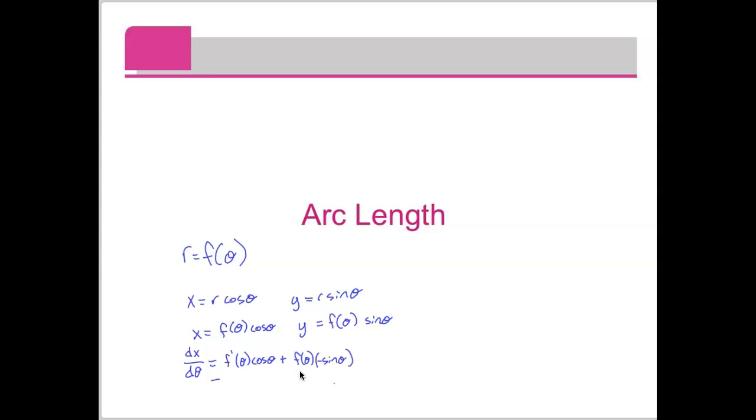So another way of writing that is f prime is the same as dr d theta cosine theta, and then it'll be minus r sine theta. And then I can do the same thing to y. dy d theta equals f prime of theta sine theta plus f of theta cosine theta, which I can rewrite as dr d theta sine theta plus r cosine theta.